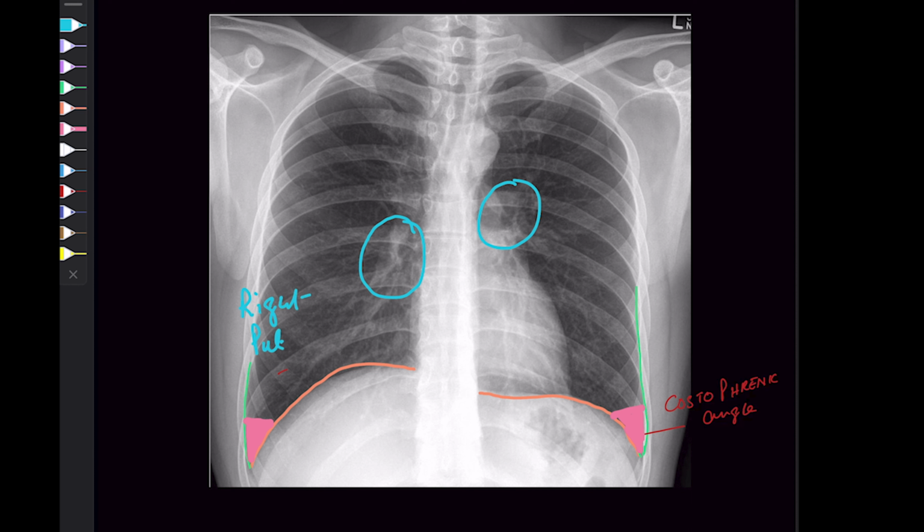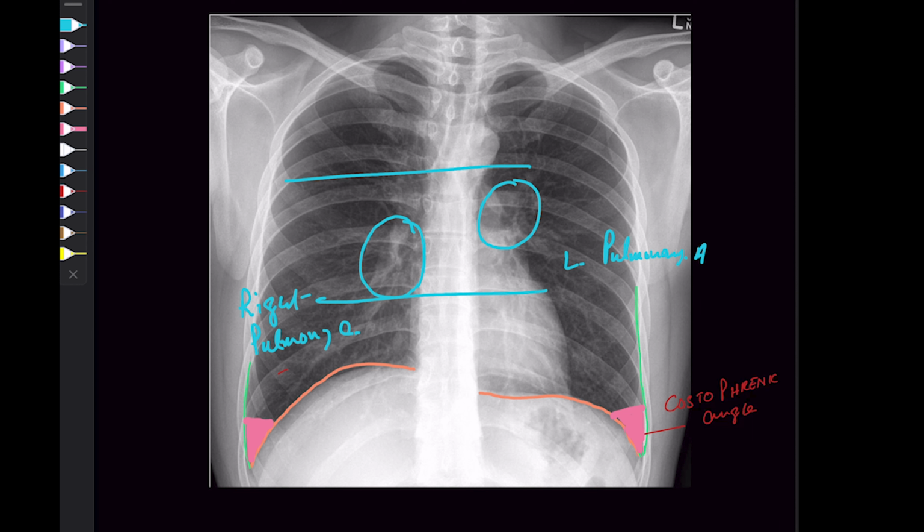So you are looking at the right pulmonary artery, and this on the left side is my left pulmonary artery. And if you just look at them, they are not at the same level. What is the difference?